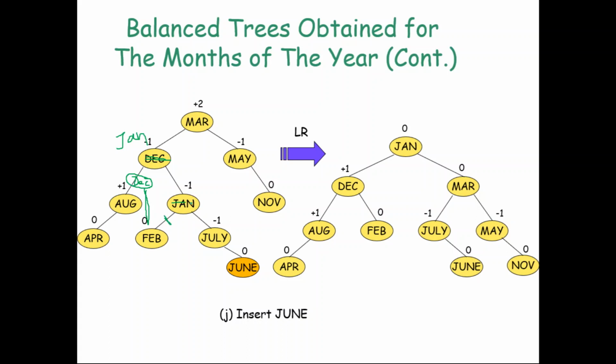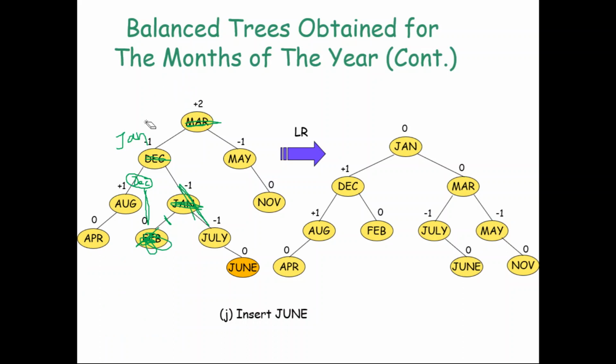Jan is moved here, so Jan's right child is July now. This is left rotation. Now when you perform the right rotation, Jan will come here. This is Jan.